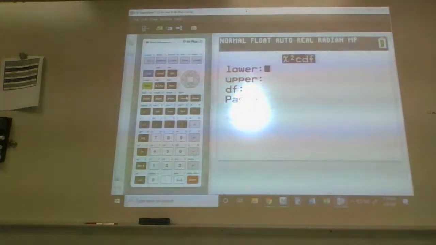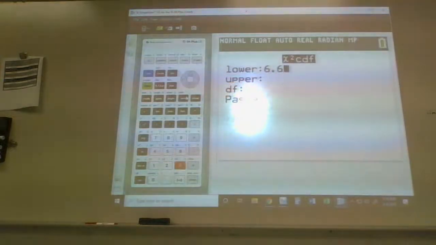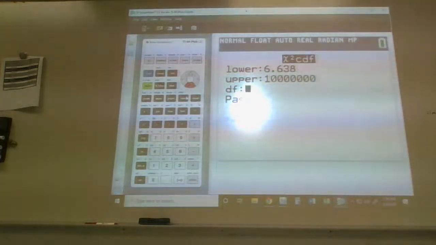In this particular case, we are going to be doing 6.638, comma, big number. Doesn't matter what that big number is. And then we have to have a degrees of freedom. Now, I'm going to write this down on the paper in a minute. But degrees of freedom, as I said last class, unfortunately, is not 123.